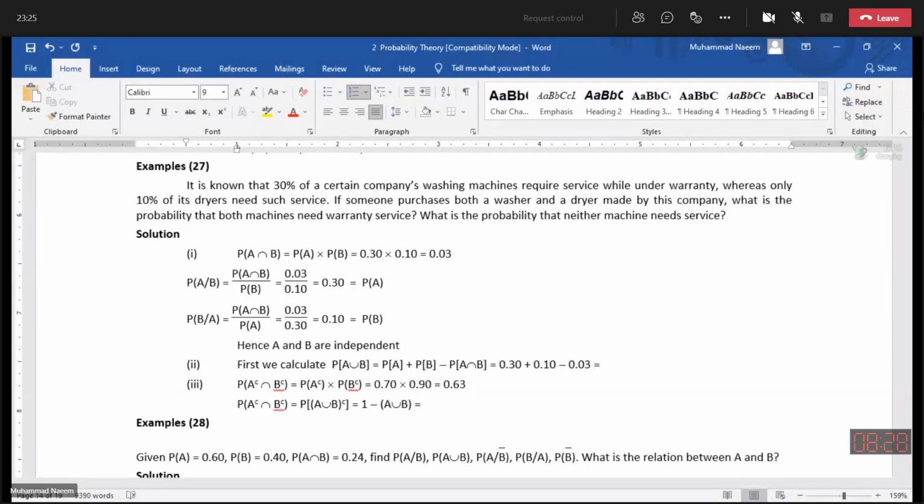After simplification, we have 0.40 minus 0.03, which is equal to 0.37.